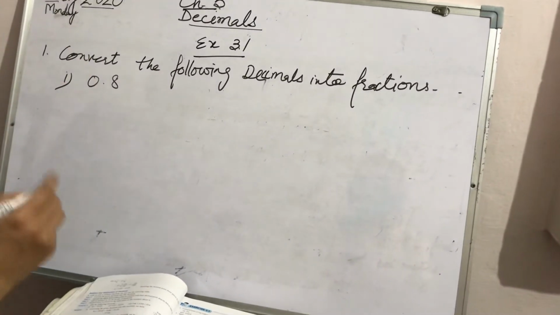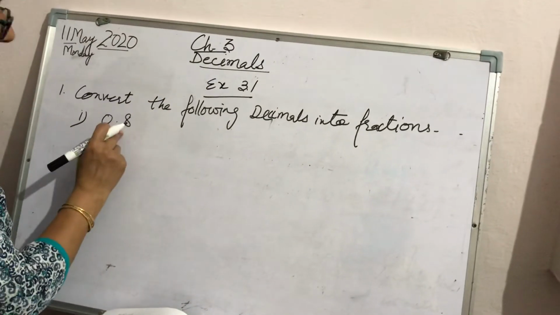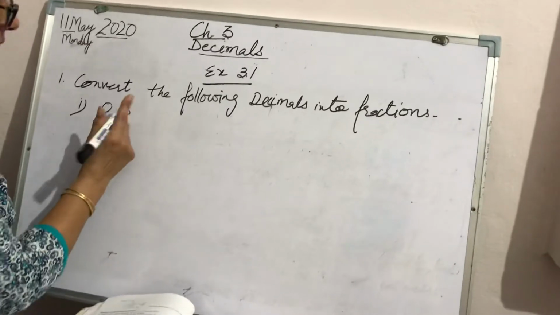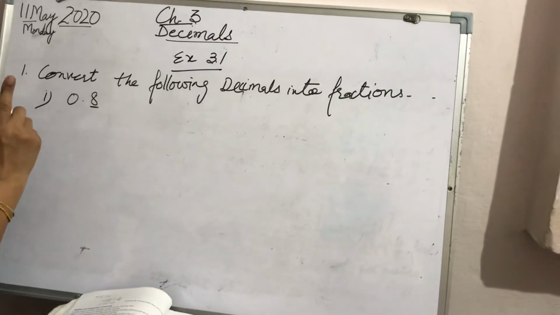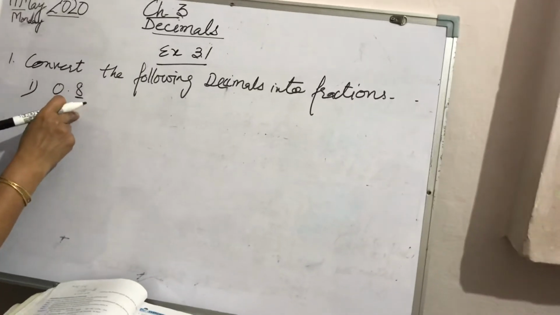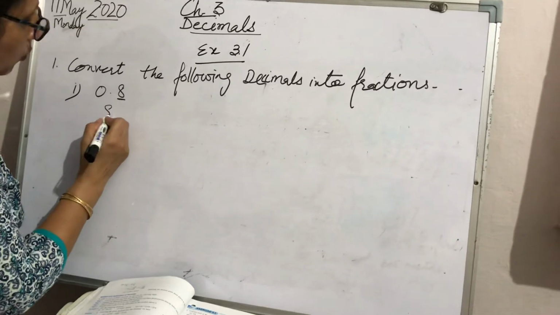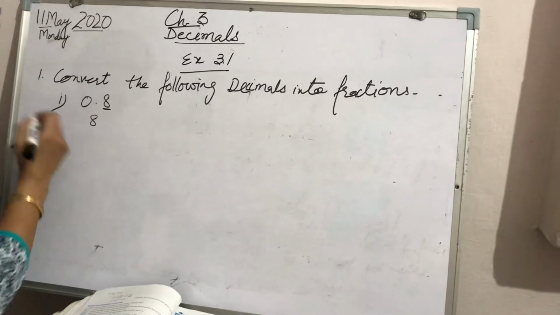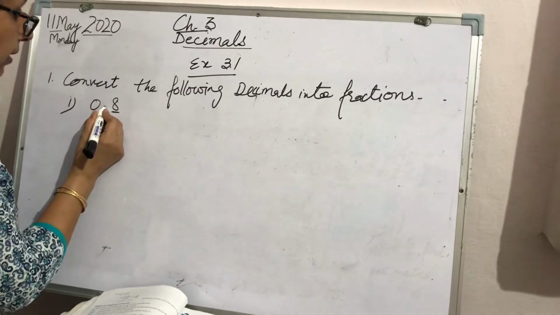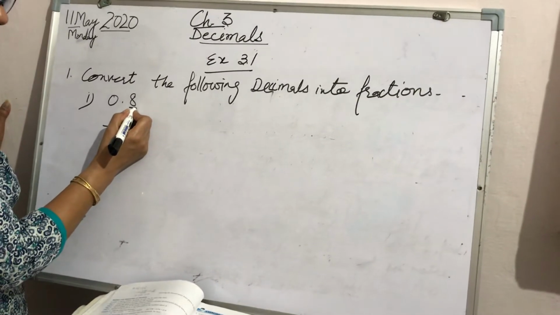So the first part is 0.8. First of all, convert it to a fraction. The decimal part is given, we have to convert it into a fraction. While converting into a fraction, we have to remove this decimal, so 8. Instead of the decimal we'll use 1. How many digits are there in the decimal part?